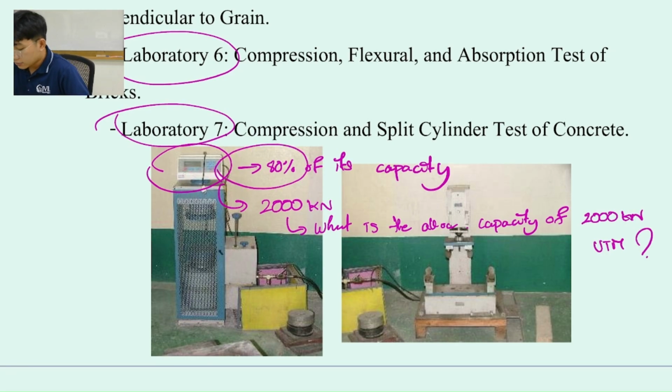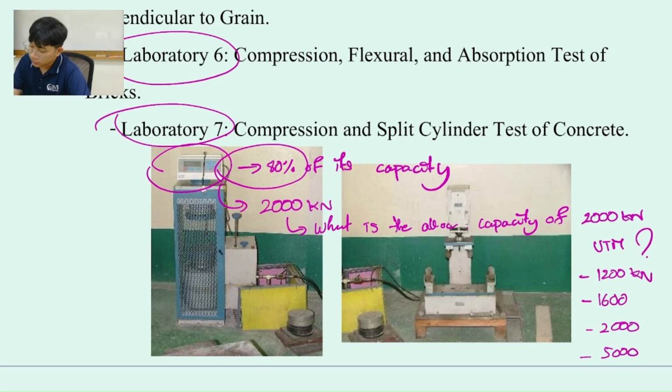which means if I ask you here, I may give you a different capacity like 1000 kilonewton, maybe 2000 or 5000. So just use 0.8 multiplied with the capacity of the machine, which is 2000. So it's going to be 1600 over here. Right.